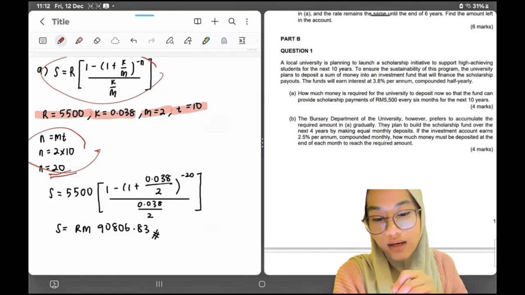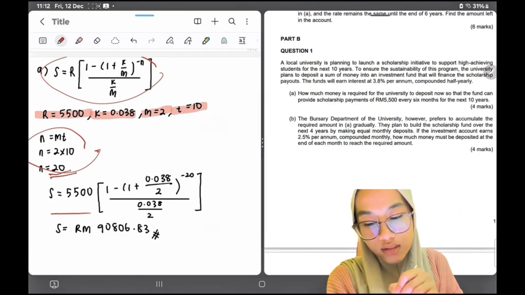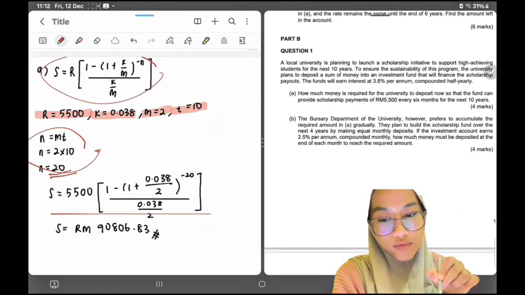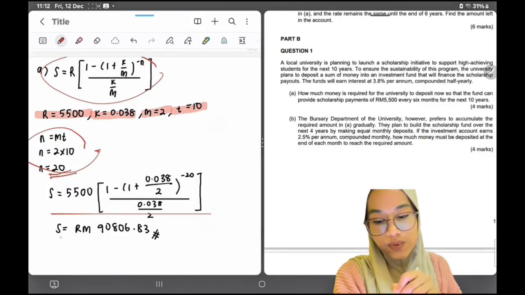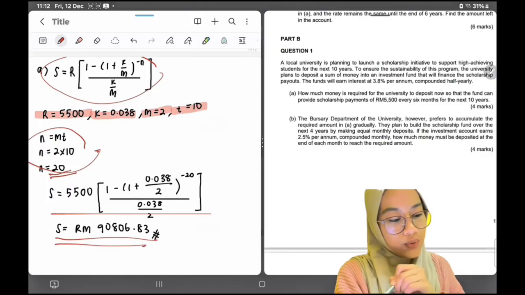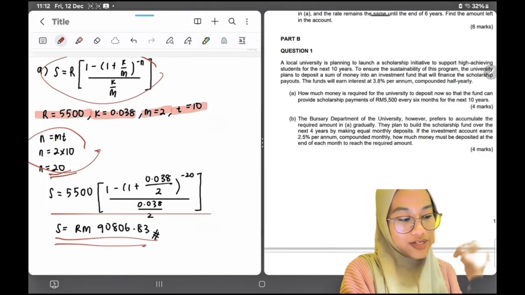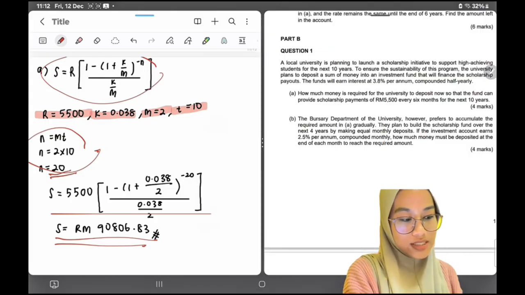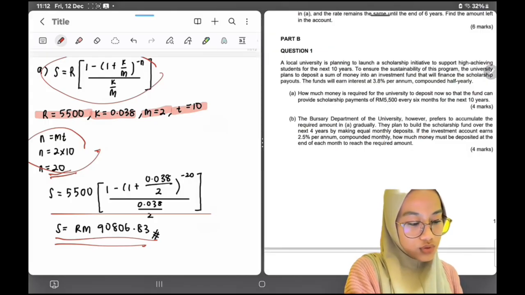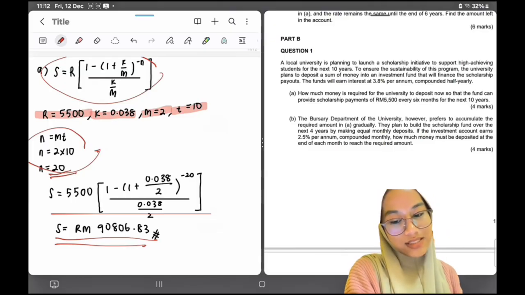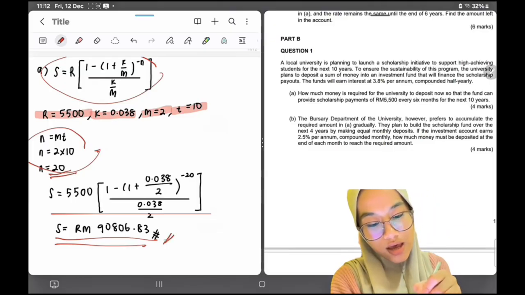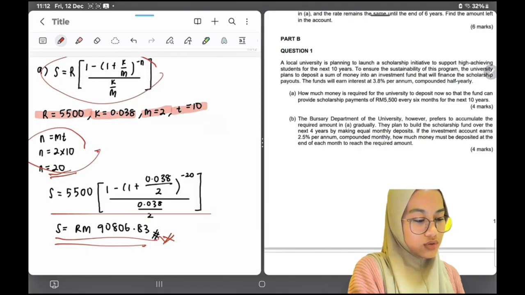Then I substitute the values in the formula and you will get this answer. This amount represents how much the university must deposit now to support all the future scholarship payments. So this is the amount the university must deposit now.